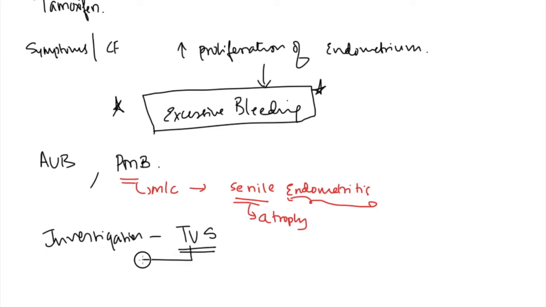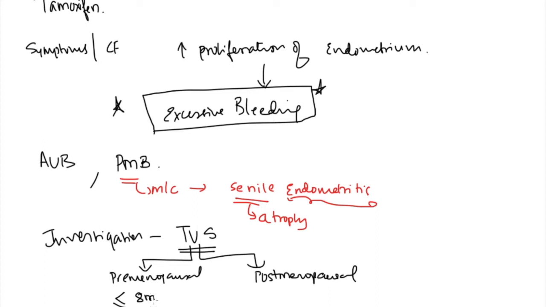If the lady is premenopausal, the criteria is different, and if she's postmenopausal, the criteria is different. Premenopausal, if the endometrium is more than or equal to 8 mm, then you have to be careful, because that means there is endometrial hyperplasia in this patient.